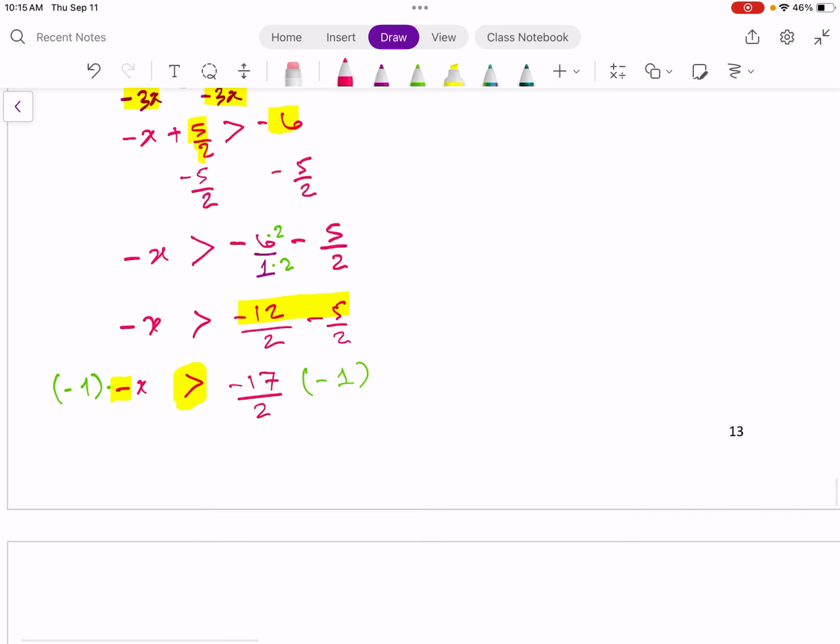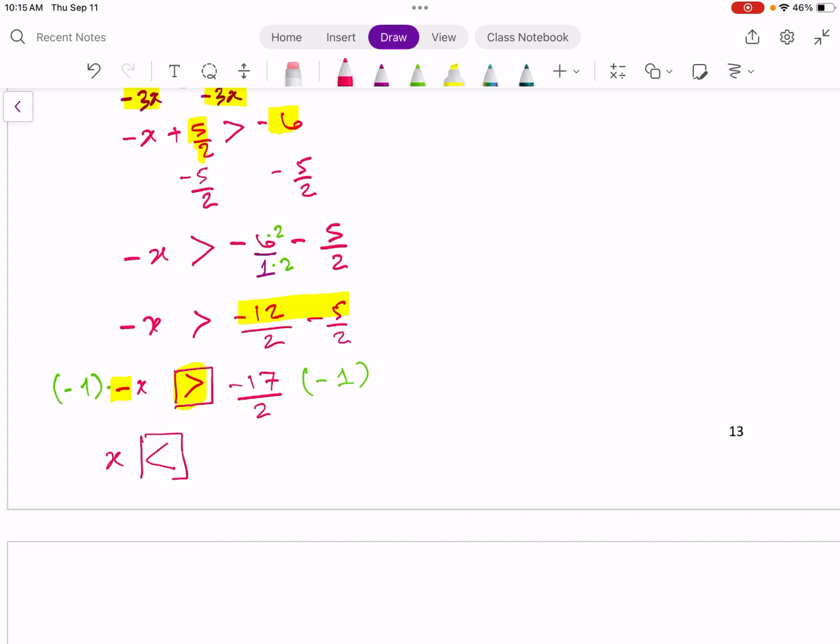So negative 1 times negative x, positive x. Now instead of greater than, you will write less than. Okay, we used a negative number to multiply. So every time you are using a negative number to multiply or divide an inequality, we always flip the inequality. Okay, so make sure to note this here.